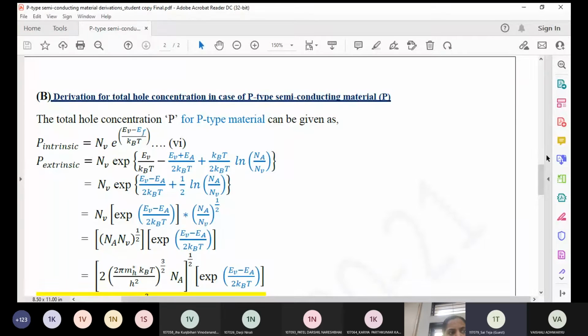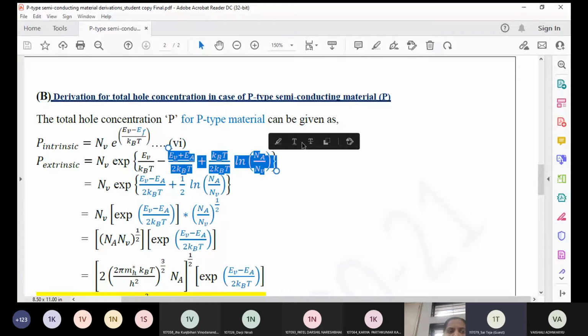So we can write P extrinsic as NV e raised to the power EV minus EF, where EF we equate with what we got in the previous equation, that is EV plus EA by 2 minus kBT by 2 ln of NA upon NV. After substituting, we get EV minus EA by 2 kBT plus half of ln NA by NV.